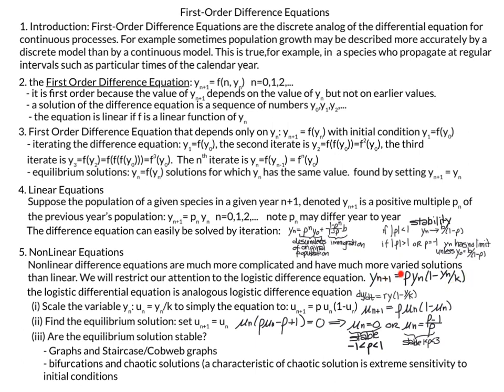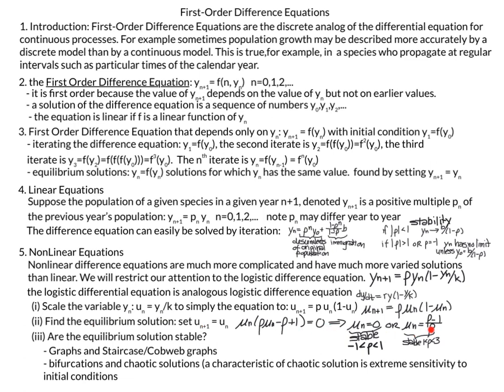If this looks familiar, it should, because this difference equation is totally analogous to the logistic differential equation, which looks like this: dy/dt is equal to r y (1 minus y over K). And for this, we're going to look at the equilibrium solutions and where it's stable.